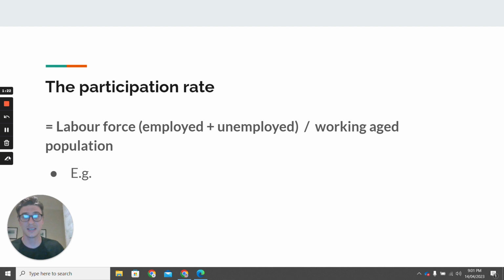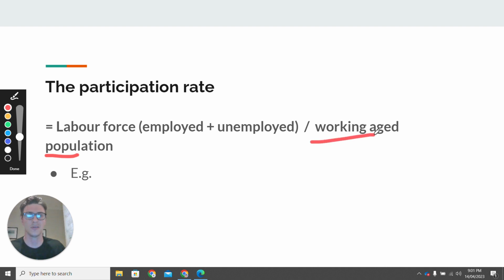The next one is the participation rate. In this calculation we're trying to understand what percentage of the total working age population is participating, or is in the labour force, so either employed or unemployed. Remember in the last video we had 95 employed people and 5 unemployed, which gives us a labour force of 100 people, and let's assume the working age population was 200.